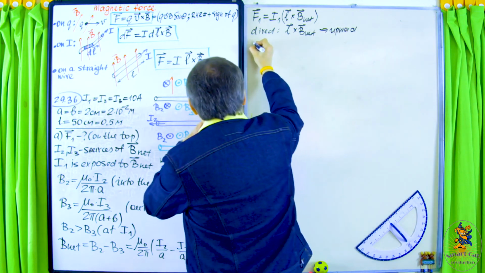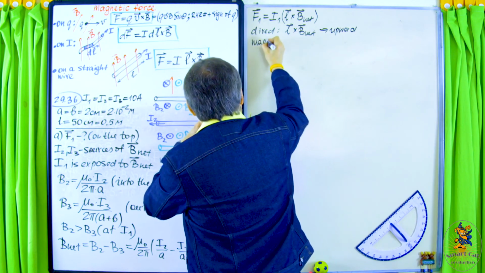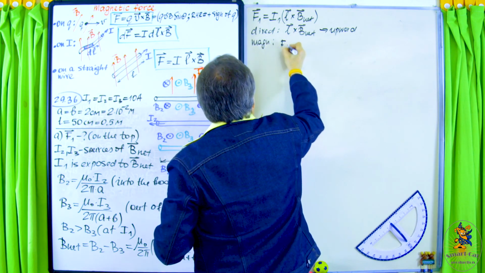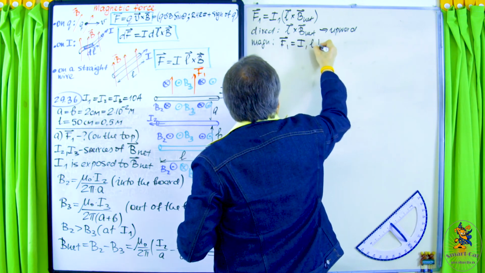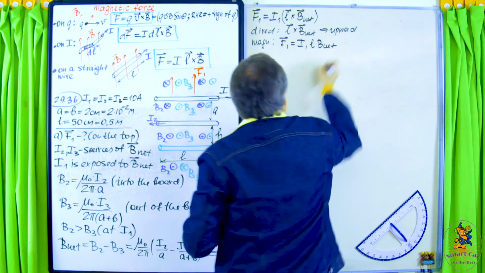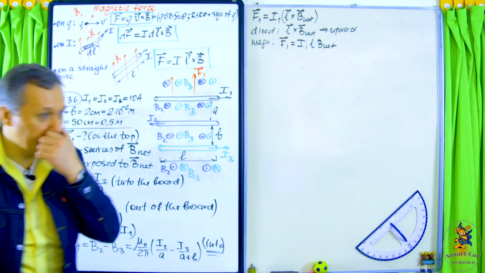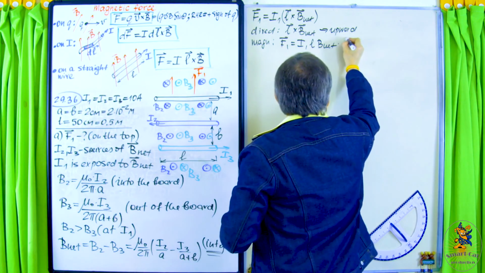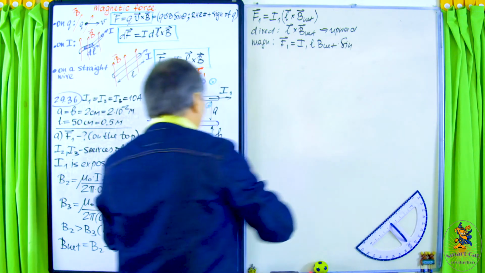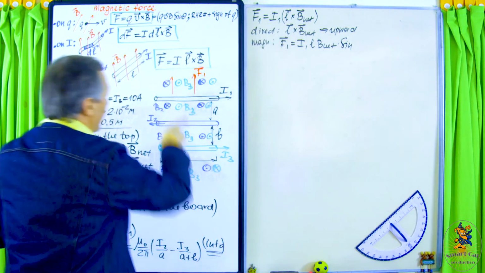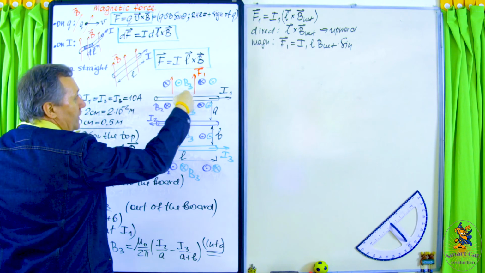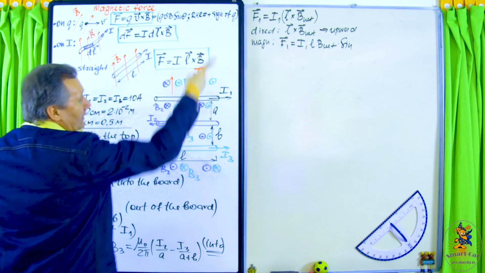And then magnitude. F1 equals I1 L B net sine of which angle? Between L, which is given by I1, and B. L that way, B is into the board. It's like in the previous problem.